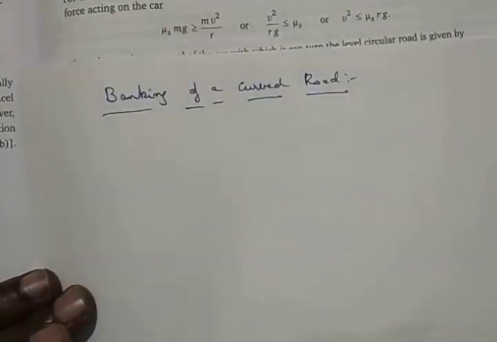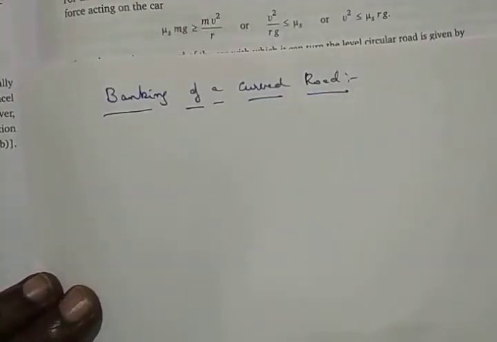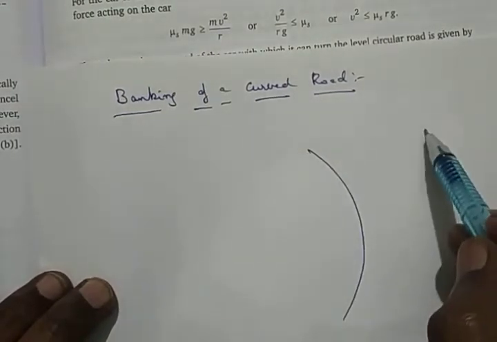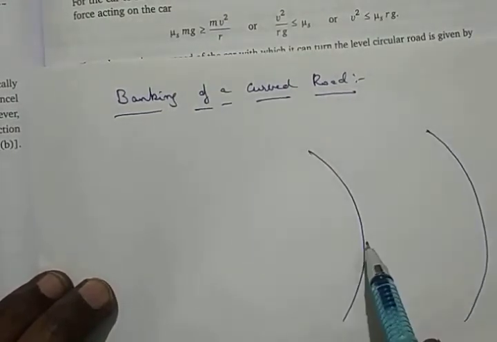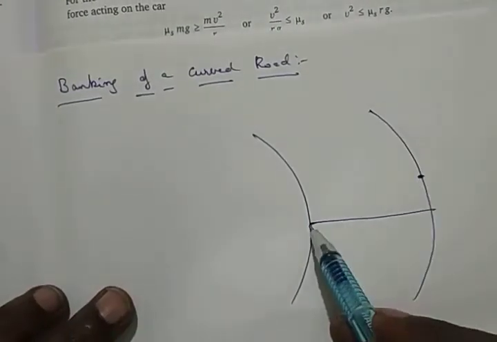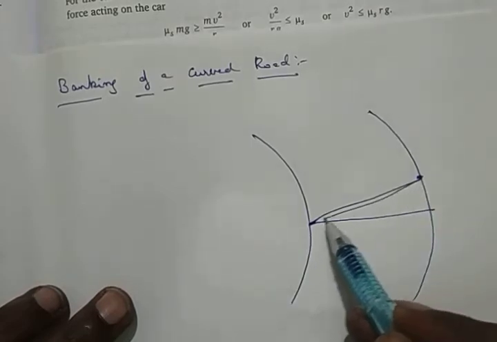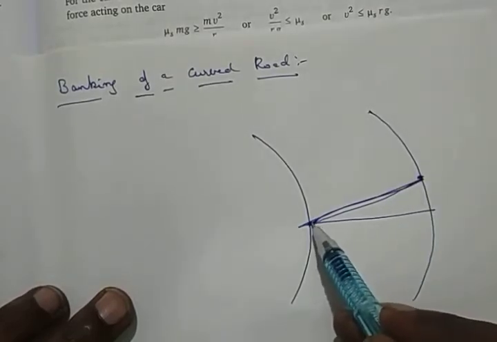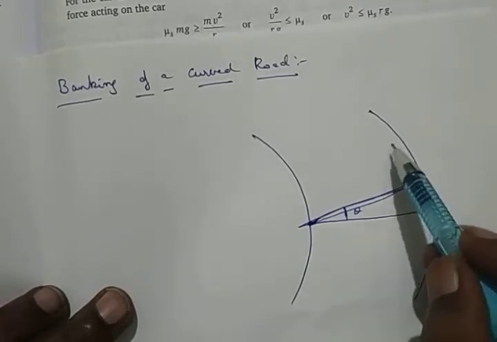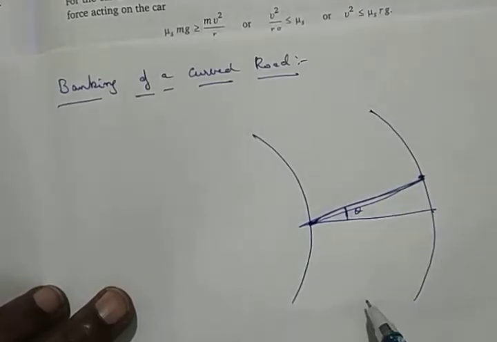So the raising of the outer edge of the road when compared to the inner edge, by an angle theta, is called the banking of roads.